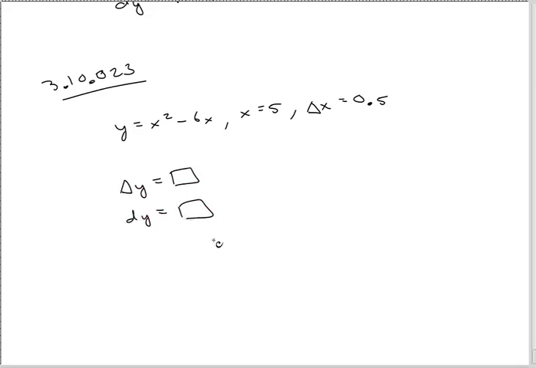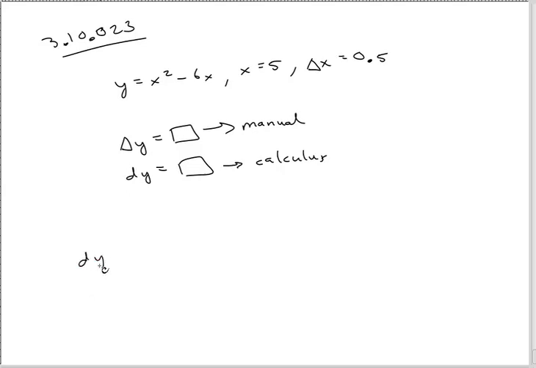And they're apparently different. So this is a manual approach, and this here is a calculus approach. Because we've been doing calculus so much, let's just do the calculus one right now. Calculus is 2x minus 6, again dx. Thankfully, dx and delta x are actually the same thing.